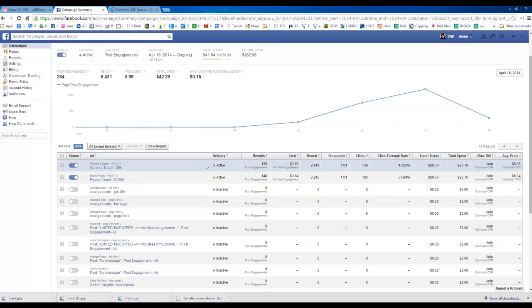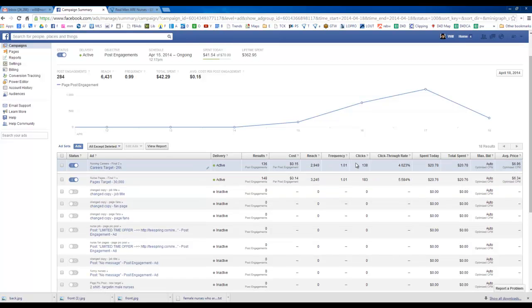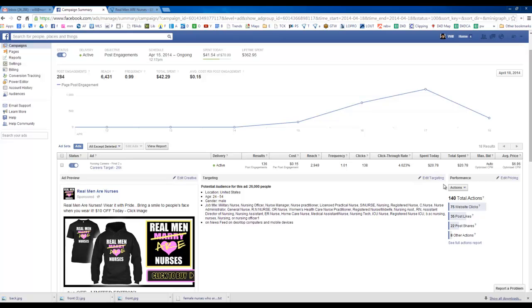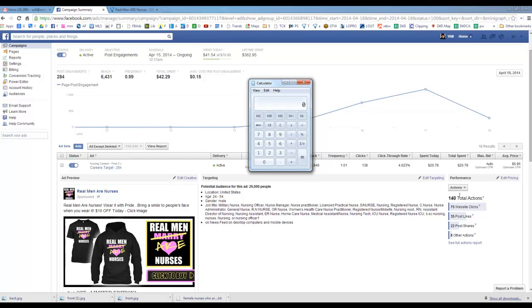As you can see, our cost per engagement is still kind of high. I'm just curious to see what our actual cost per click to the website is running us today. So 20.78, and this is for our job titles, divided by 75 clicks to the website. It's giving us a cost per click of about 27 cents.